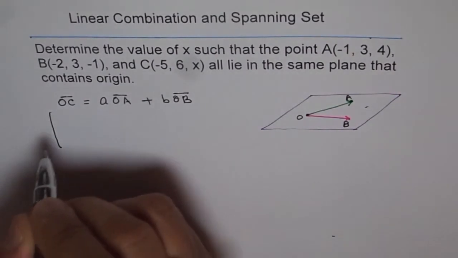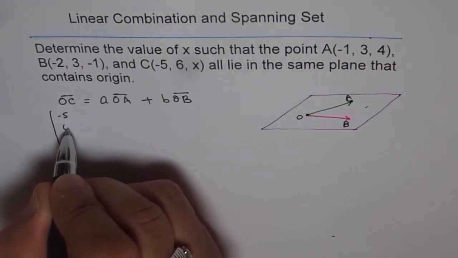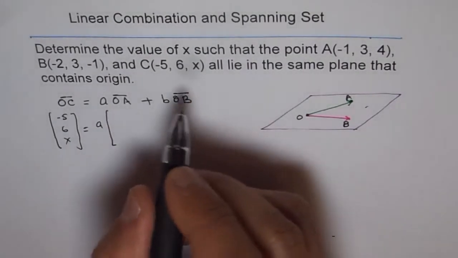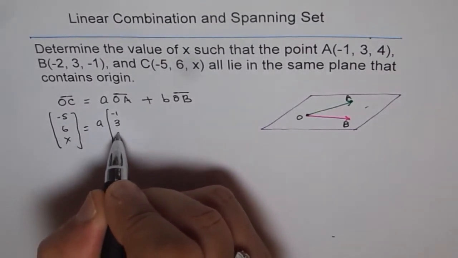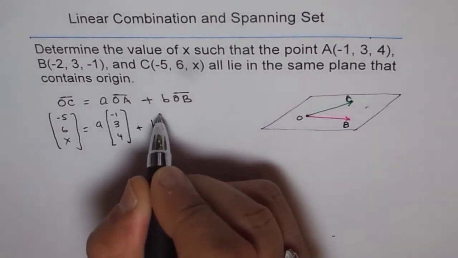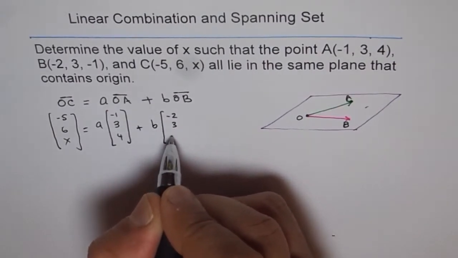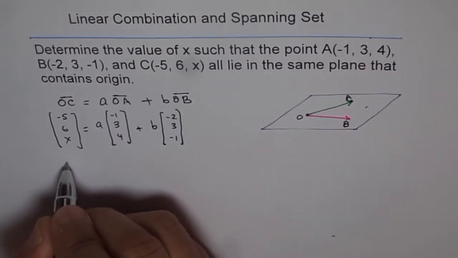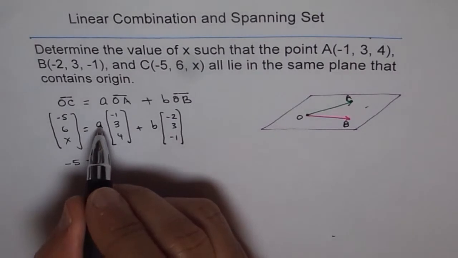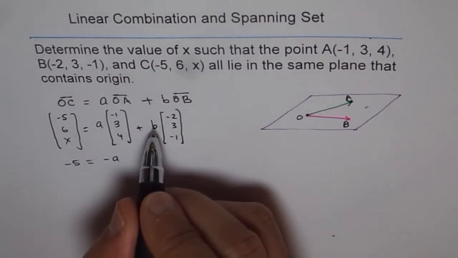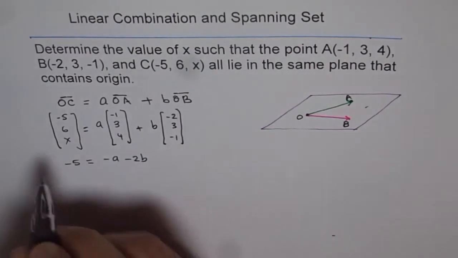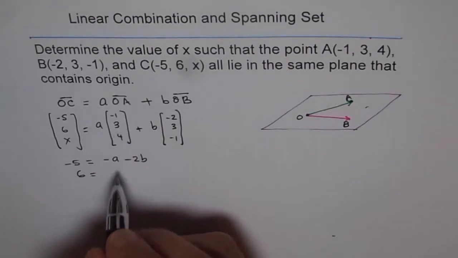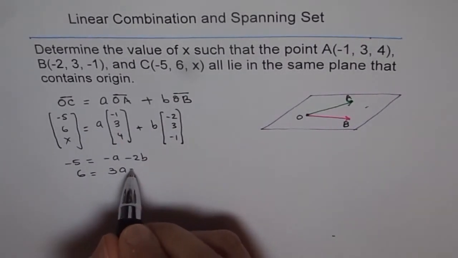I'll use column matrices to solve this. (-5, 6, x) is OC. And a times OA will be (-1, 3, 4), plus b times OB, which is (-2, 3, -1). From here we get our equations. The first is -5 equals -a minus 2b. The second equation is 6 equals 3a plus 3b.